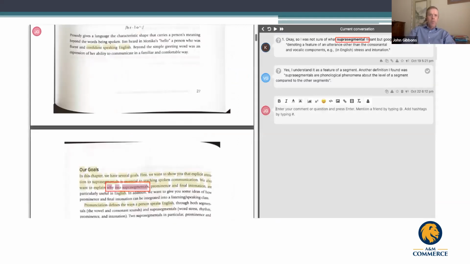A couple more slides, and then we'll move on to some more aspects of it. Again, here, this is one thing that I hadn't talked about in class, the suprasegmentals. This was something that was only in this paper. It wasn't something in this particular class that we talked about before. So this was new information that they hadn't come across, and they were able to collaborate and answer some of the questions that they had that was perhaps something they didn't know about.